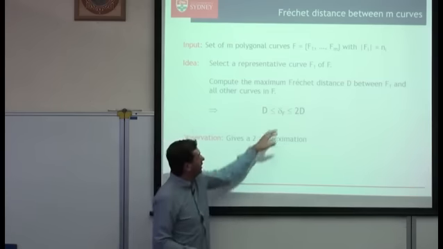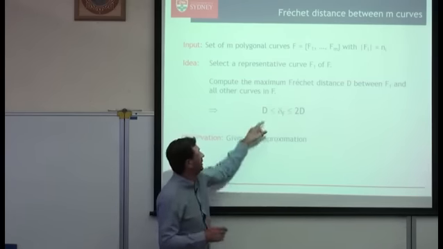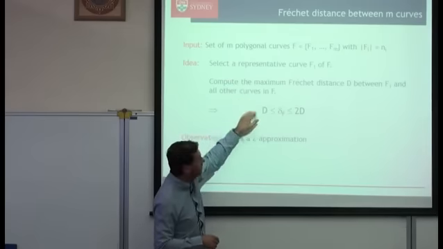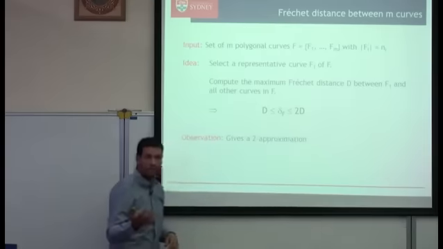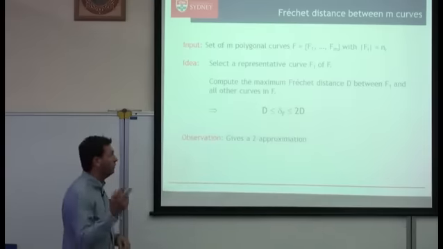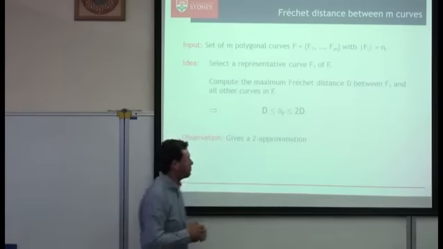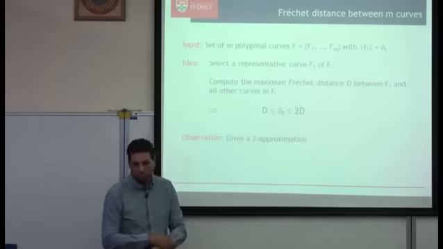Since it's a metric, I know that the Fréchet distance of that cluster is greater than or equal to d, but it's at most 2d because of the triangle inequality. So between every pair of curves, the maximum Fréchet distance is at most 2d. So this gives a 2-distance approximation.